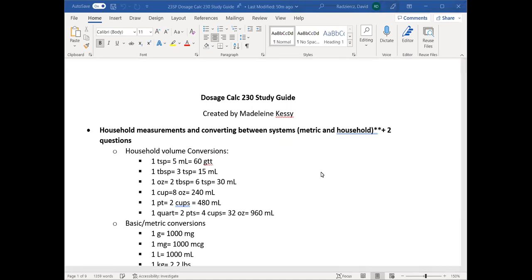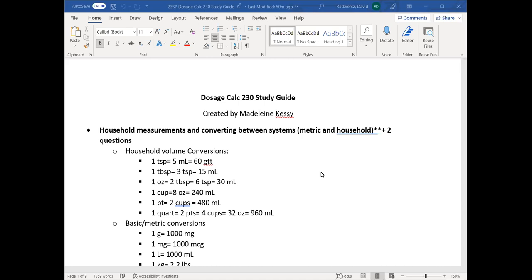So for all campuses, your 120, 130 test is going to be very similar to the 110 test, with the exception of adding in some flow rate questions. You probably haven't seen flow rate questions, which is basically calculating milliliters per hour or drops per minute, and then revisiting some of the things that you have seen.